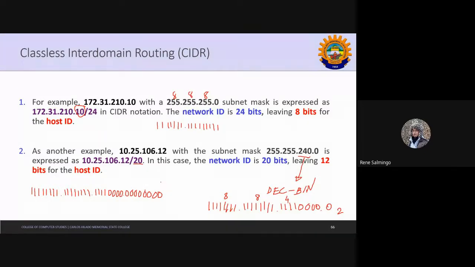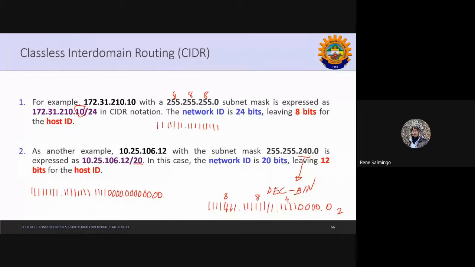So how many zeros do we have in the host ID, starting from your least significant bit? So these are 8, 8 plus 4, that is your 12-bit host ID.